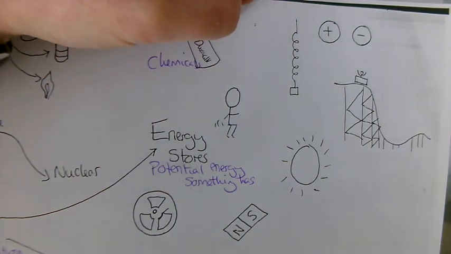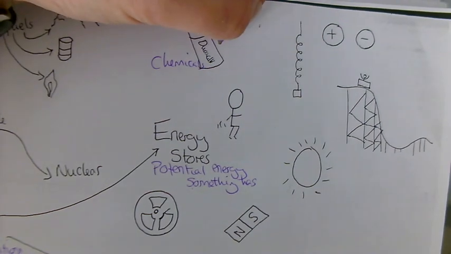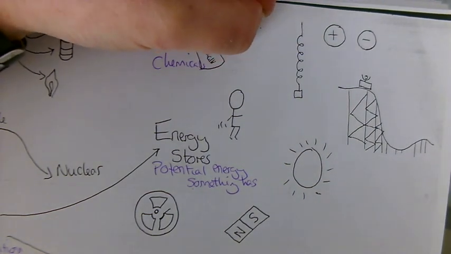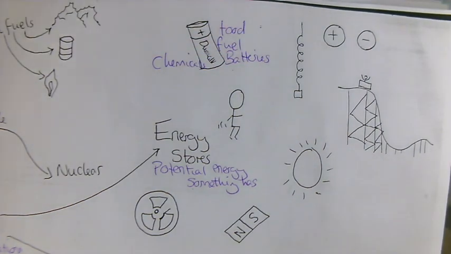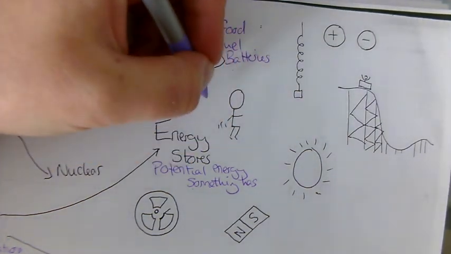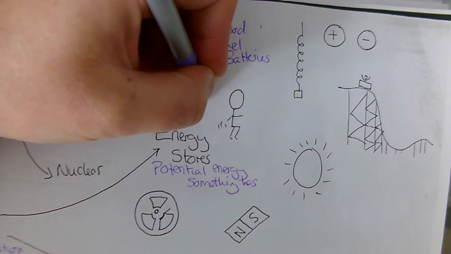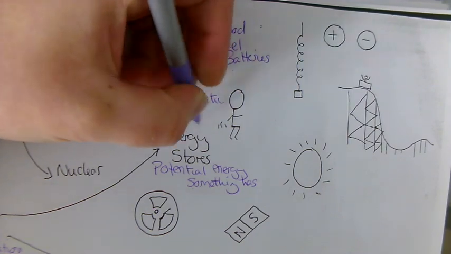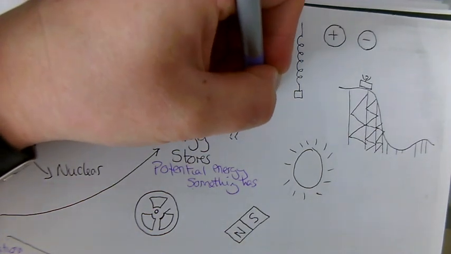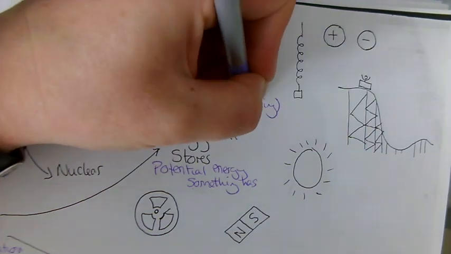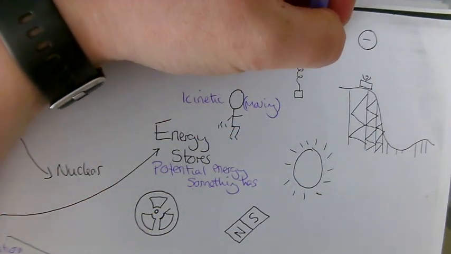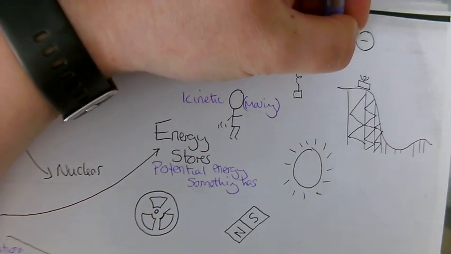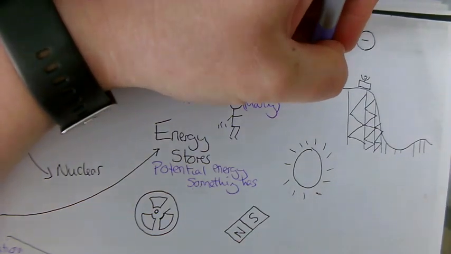So that is food, fuel, and batteries. The other thing we've got is kinetic. So kinetic is anything moving. Okay. Another one is elastic. So that's a spring.